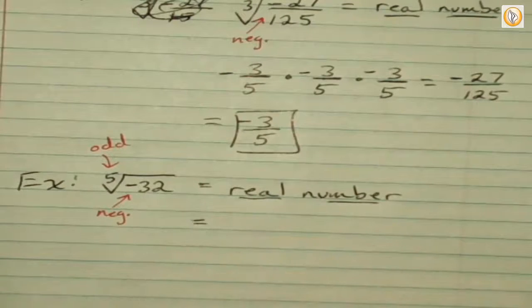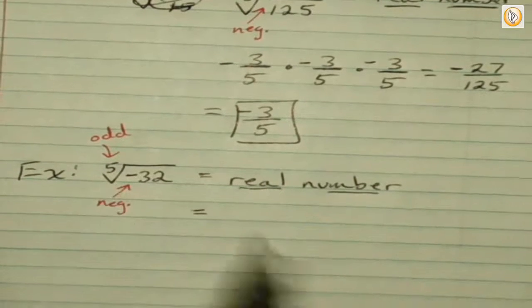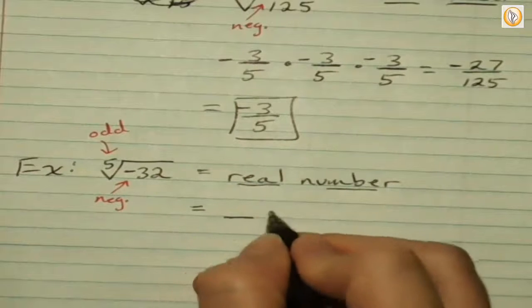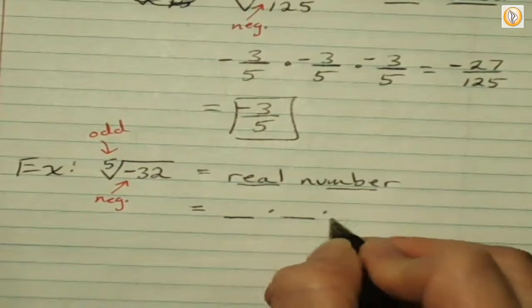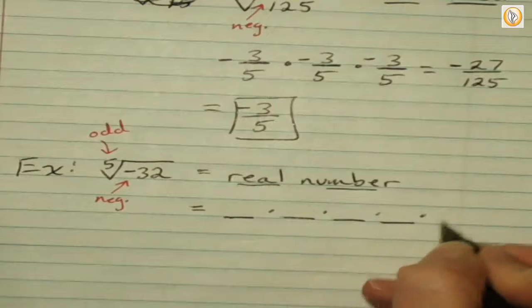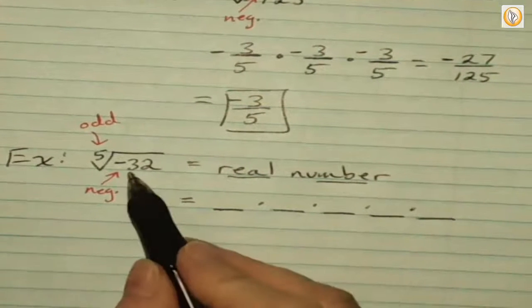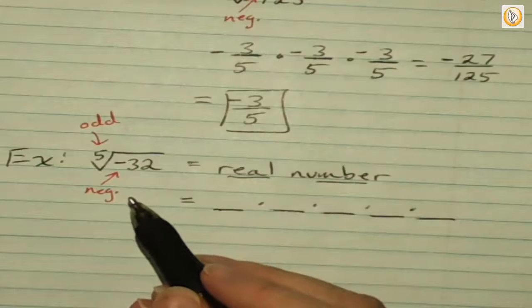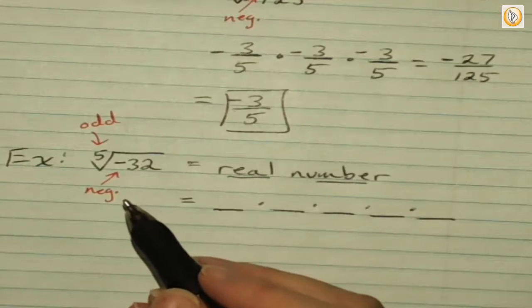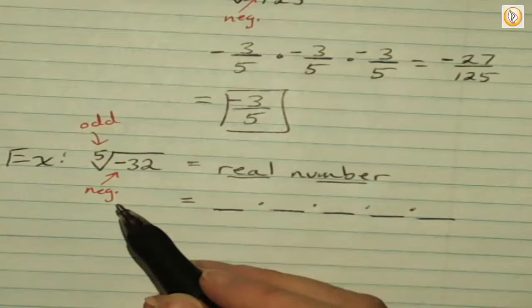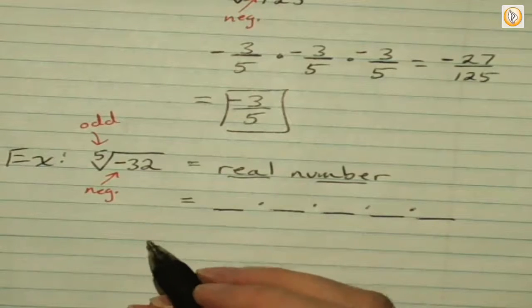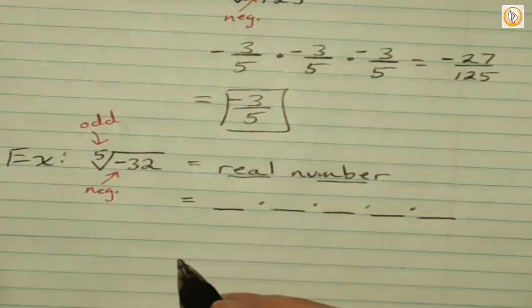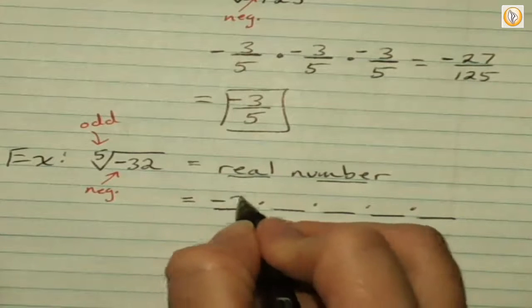Now we got to figure out what number times itself 5 times. Not a fraction. I'm just writing the spaces down. What number? Raise your hand high in the air so I can see it, Keith. Thank you. What number? Very good, Keith.